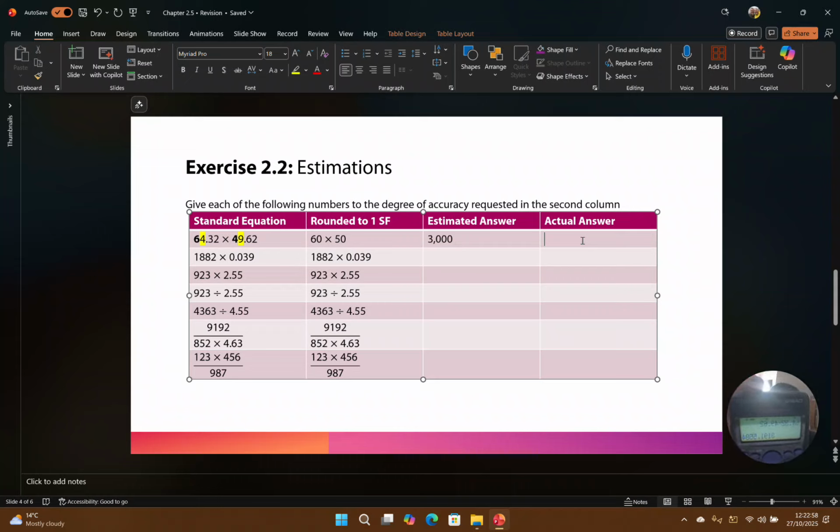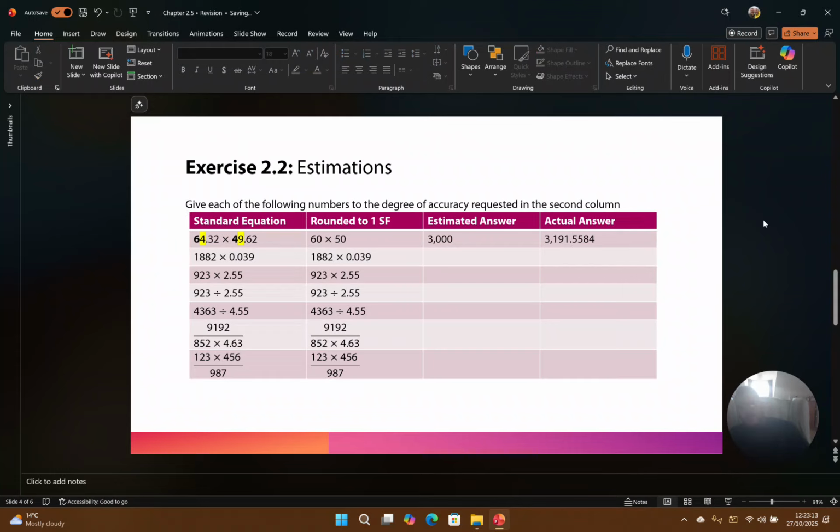I just found out that everything is rounded to 1 significant figure, which is absolutely fine. I definitely want to try and do the 1,000 separators if I can.